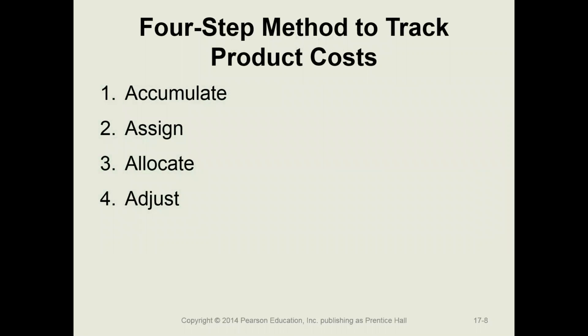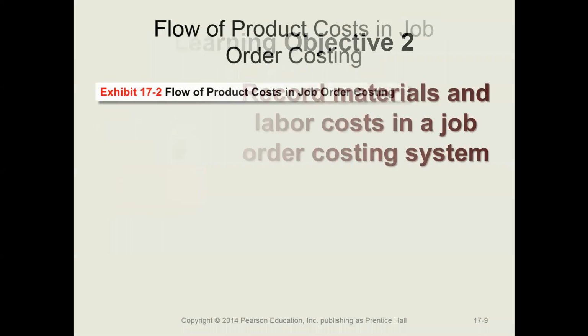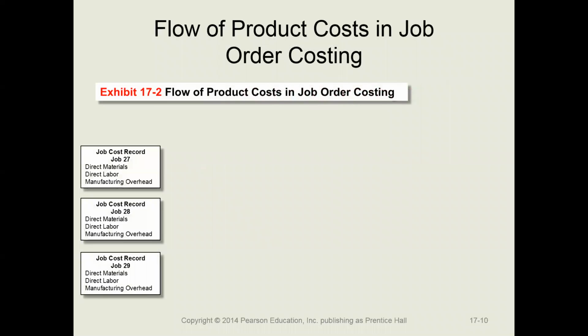Okay, so whether it's job costing or process costing, there are 4 steps to tracking product costs: accumulate, assign, allocate, and adjust. And we'll talk about these individually. Okay, so looking at the flow of product costs in a job order system. Notice that you have a separate record of each individual job or project or segment.